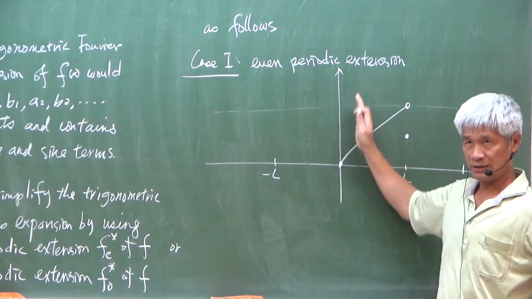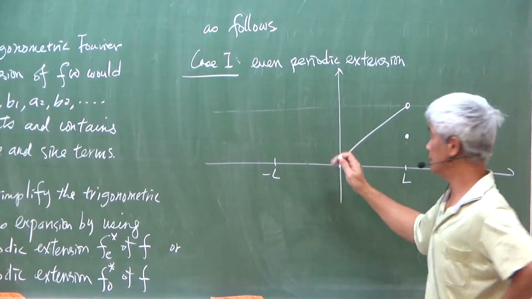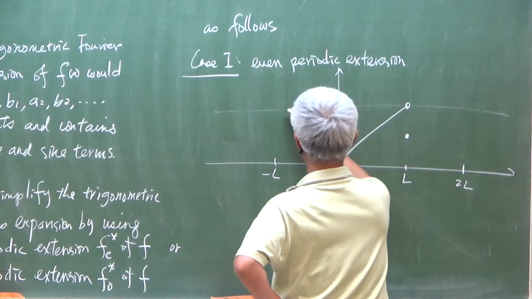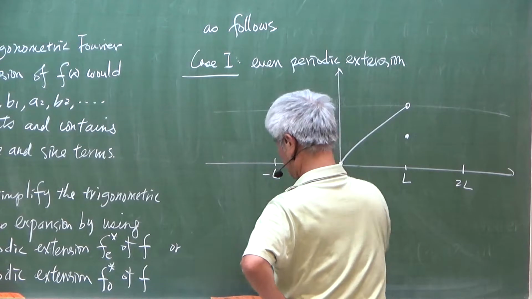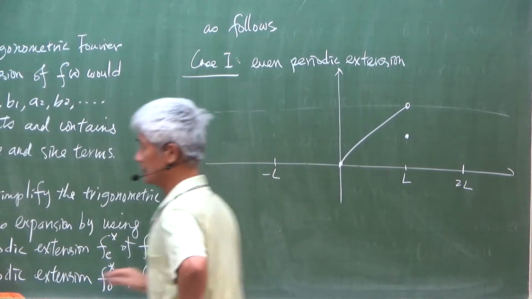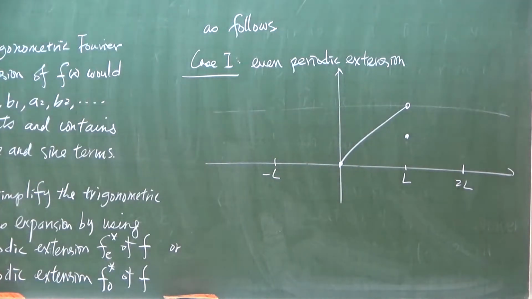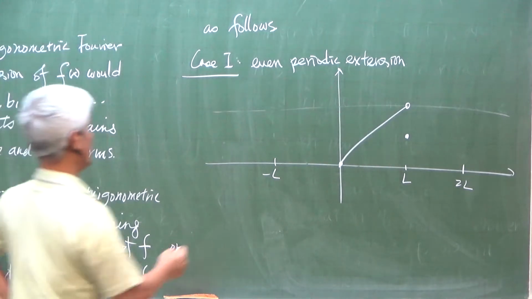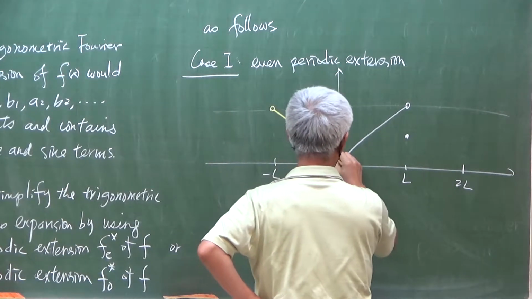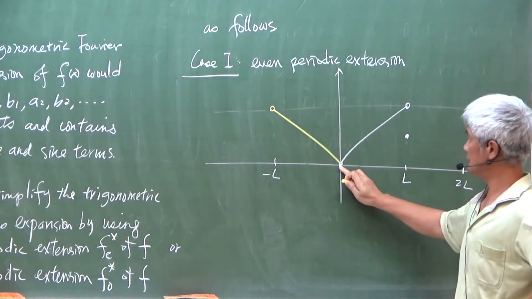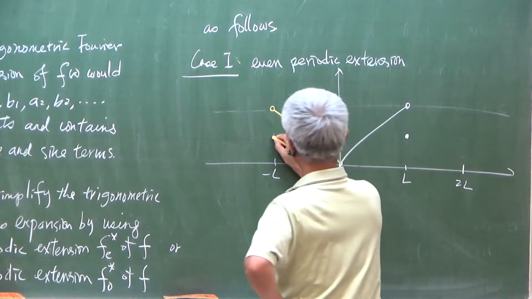The mirror here is the y-axis, right? So we construct that here. Maybe I use a different color. So they have the same point.